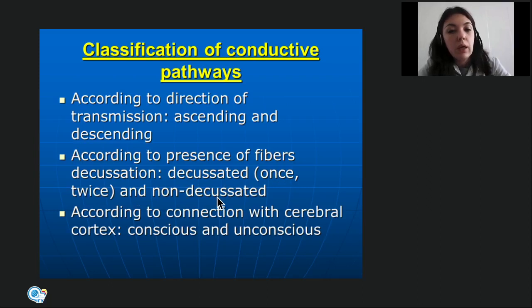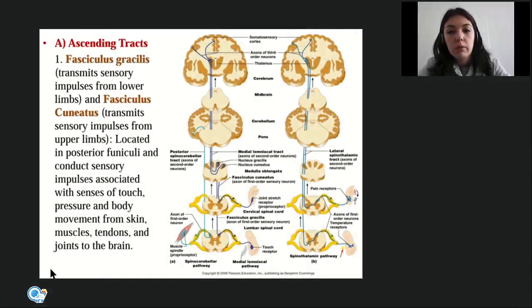And according to the connection with the cerebral cortex, they can be conscious if they are connected to the cerebral cortex. So information reaches the cortex and we realize what's going on, and when we move, it was our decision to move. And unconscious: these are reflexes. If a tract is unconscious, then using it, unconditional reflexes are performed.